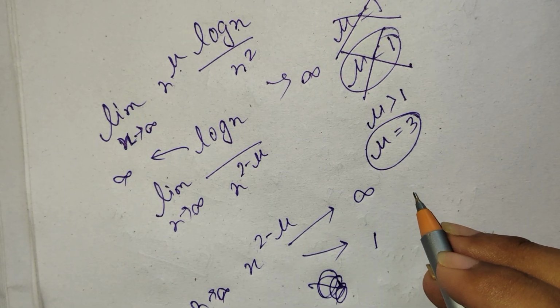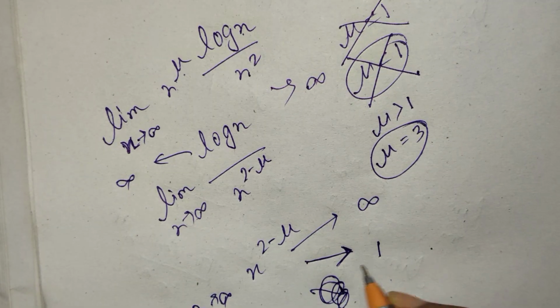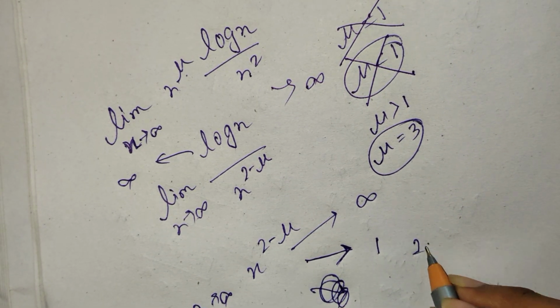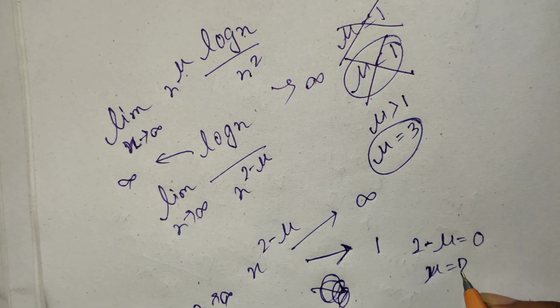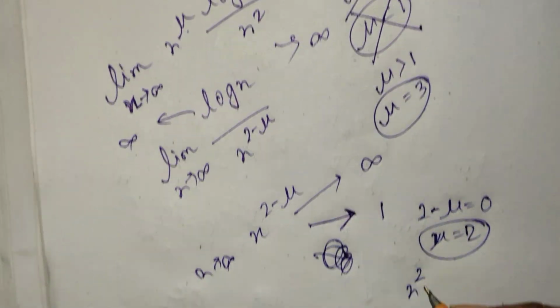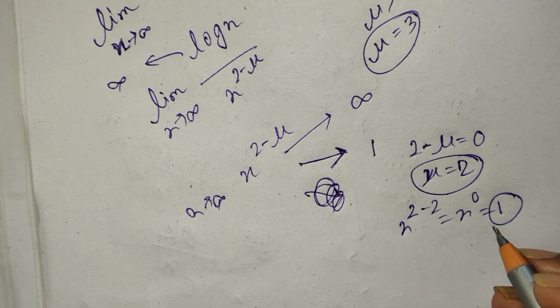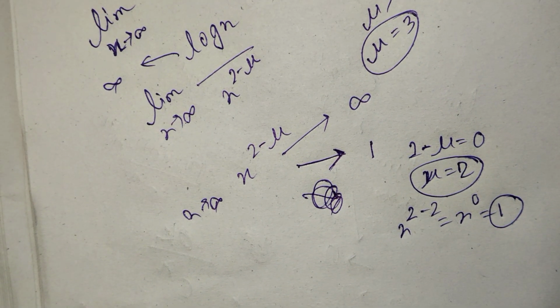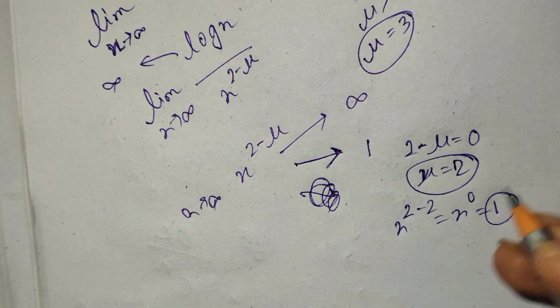Infinity when... if it is 1, that means 2 minus mu is equal to 0 and mu is equal to 2. So x to the power 2 minus 2, which is x to the power 0, which is 1. But we need infinity at the denominator. So definitely we need infinity at the denominator.